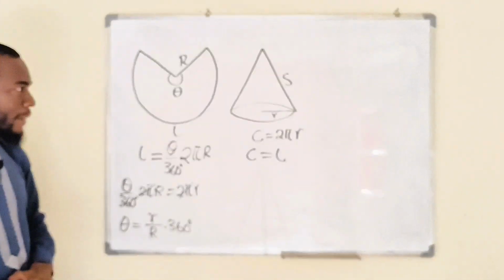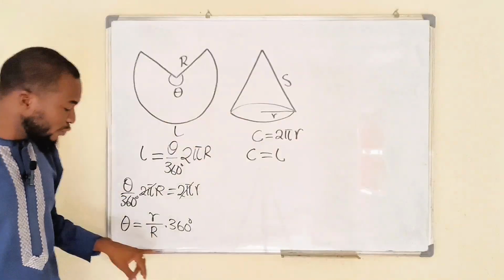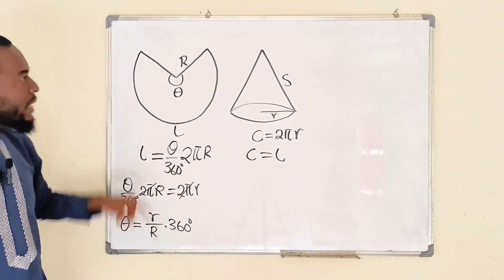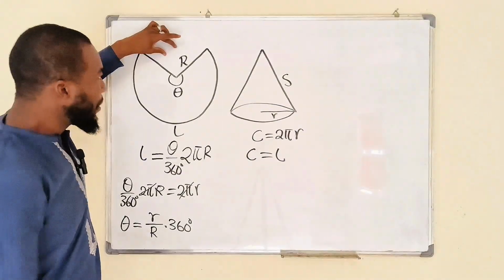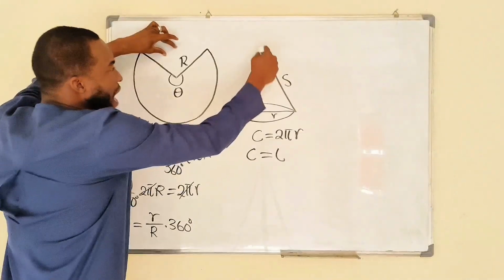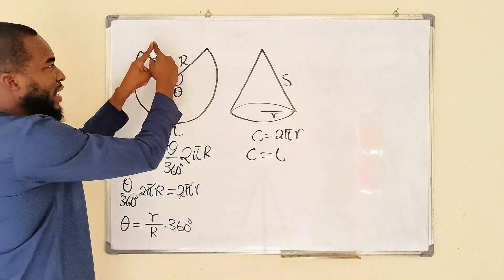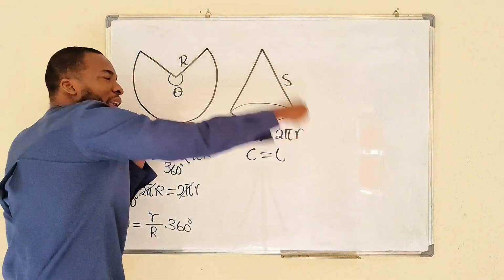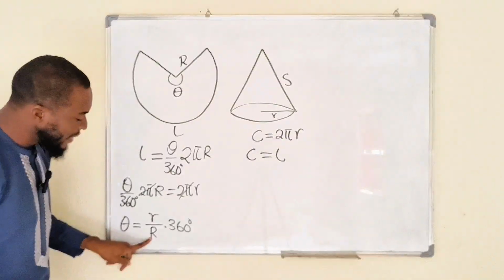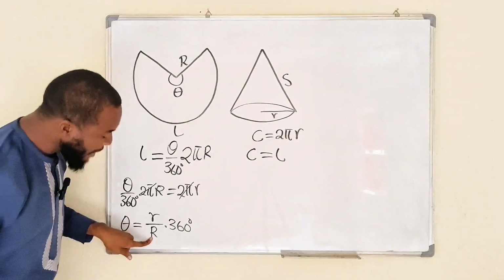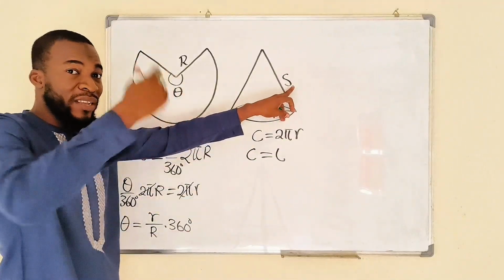And hence, this is said to be the angle of a sector that was used to form the cone. But the question is, what is this R? Because from the cone, we do not have this R. This R is the radius of the sector, but this radius is now the slanted height of the cone. Just observe, once you fold it here, it will be the slanted height of the cone. Therefore, we are only going to replace this R with S, but in some textbooks you see L here for slanted height.